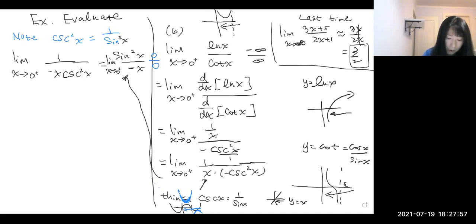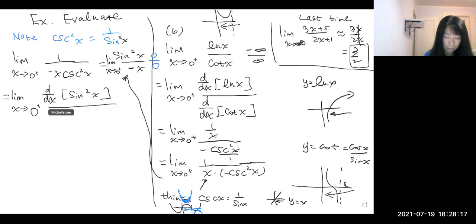we take the derivative of the numerator and denominator, respectively. So sine squared x, with the derivative, what do you get? Cosine squared x.